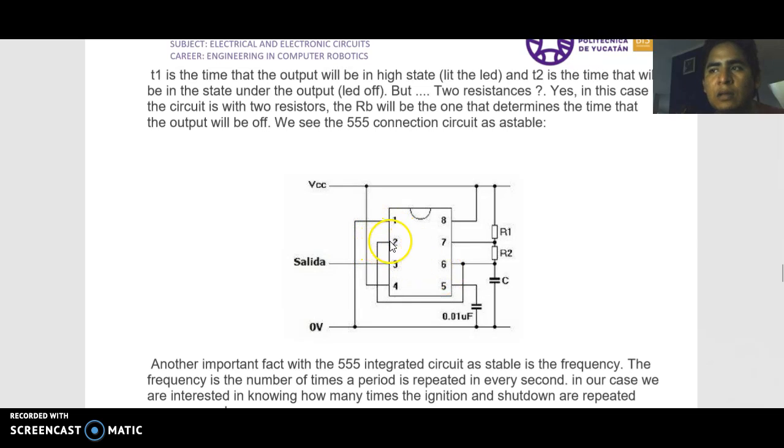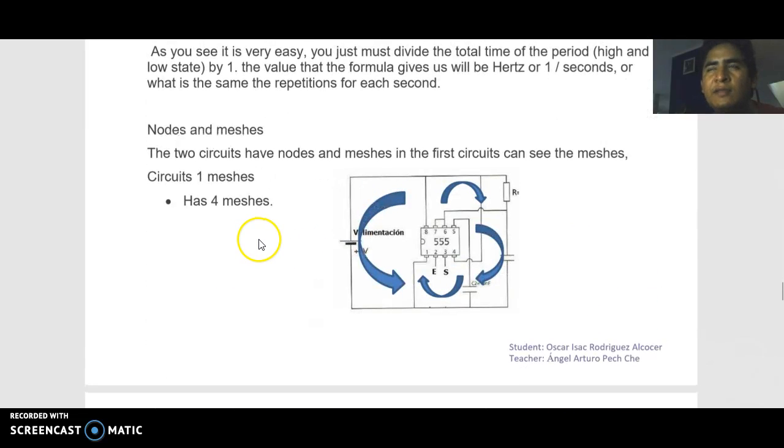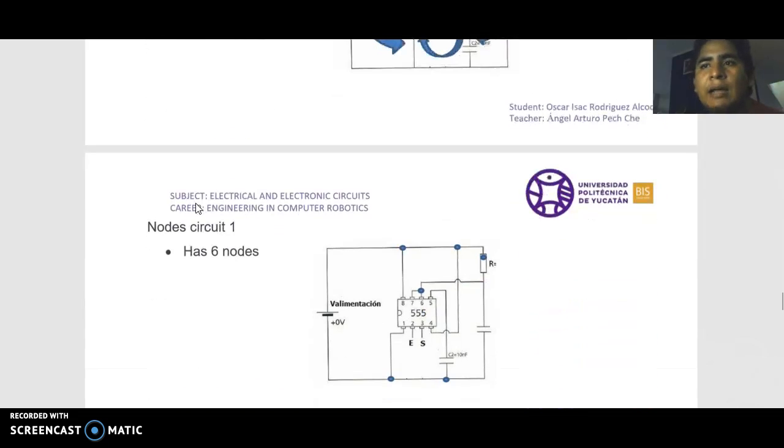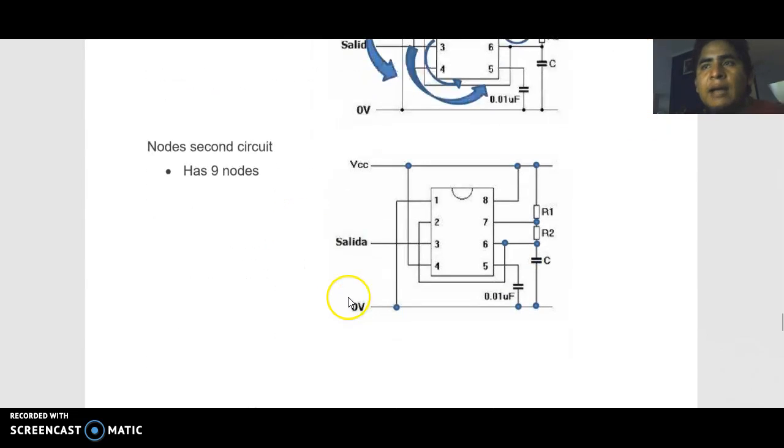The second pin is connected directly with the sixth, to make a reset in the circuit, and you don't use a push button to produce the signal. In part 3 you put an LED and you can see if it lights or not. In the first circuit you have 4 meshes and 6 nodes. In the second circuit you have 5 meshes and 9 nodes.